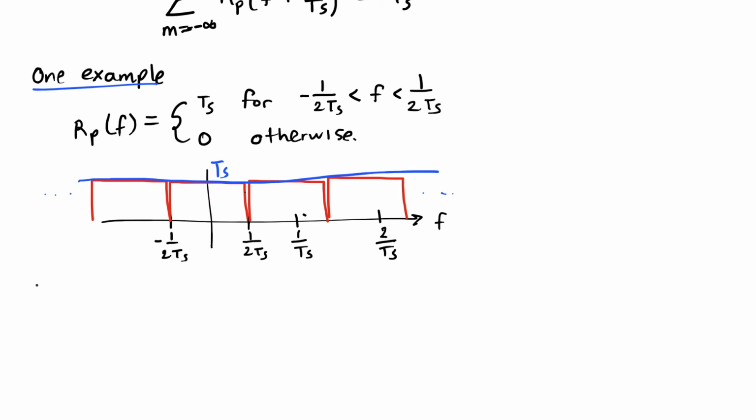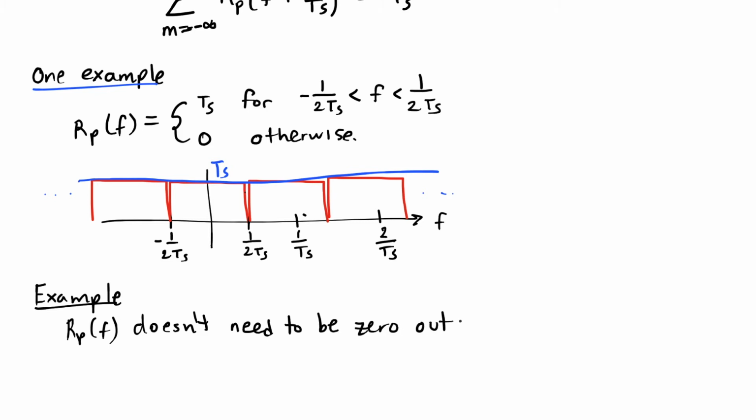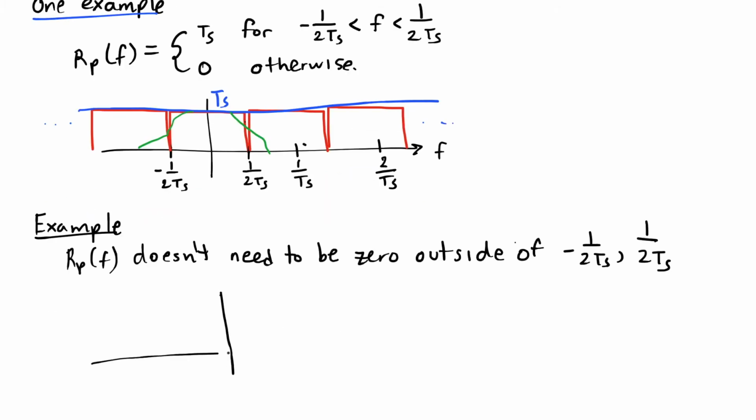We've got another example. And this is basically that the edges of Rp of f don't need to be 0. That is, it can kind of bleed into these next frequency windows here. It doesn't have to just be non-zero between minus 1 over 2 t sub s and 1 over 2 t sub s. An example would be this.